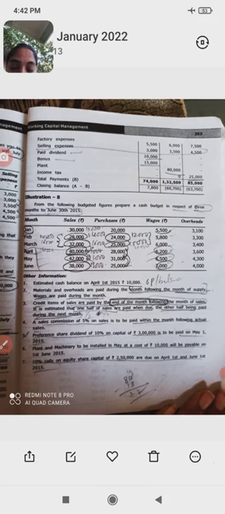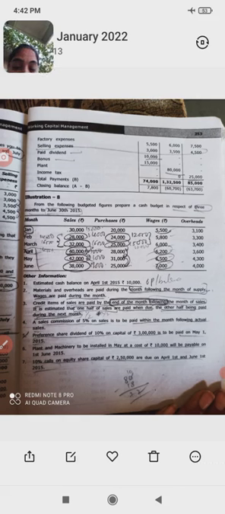Okay. Next we'll go with the fifth point, preference share dividend. Dividend is also paid by the company. We will be paying the dividend only to preference shareholders. How much is it? 10% on 3 lakhs.